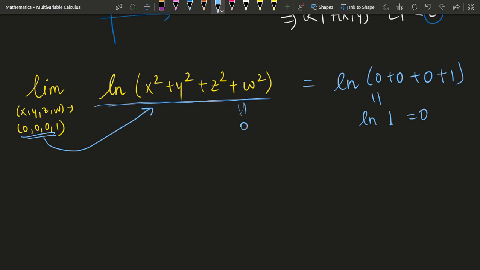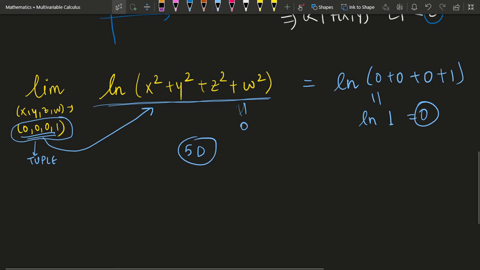What that essentially means is that if you were able to plot this function in 5 dimensions, because you will need 4 dimensions for representing the independent variables x, y, z, and w, and 1 dimension for representing the output, you can check that as you approach this point, this tuple, this point in the 4-dimensional part, you approach 0 on the fifth dimension, that is the dimension of the output.